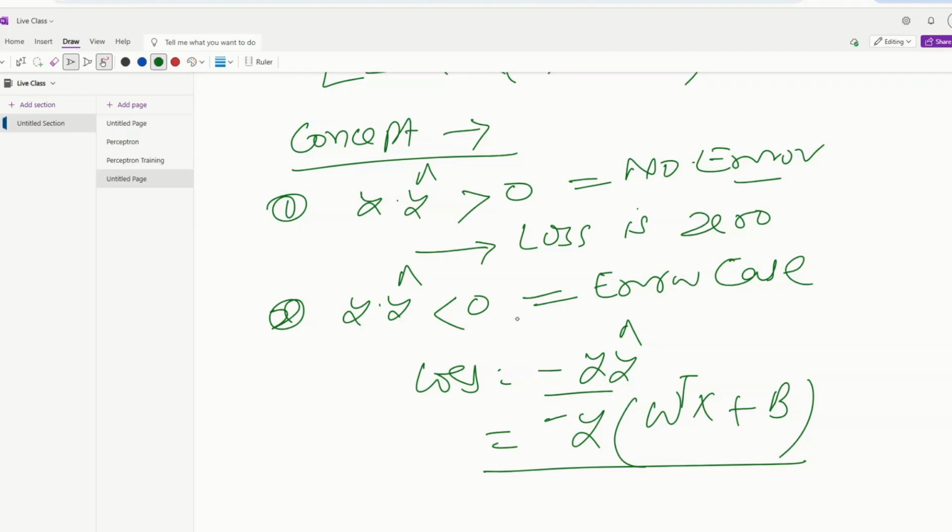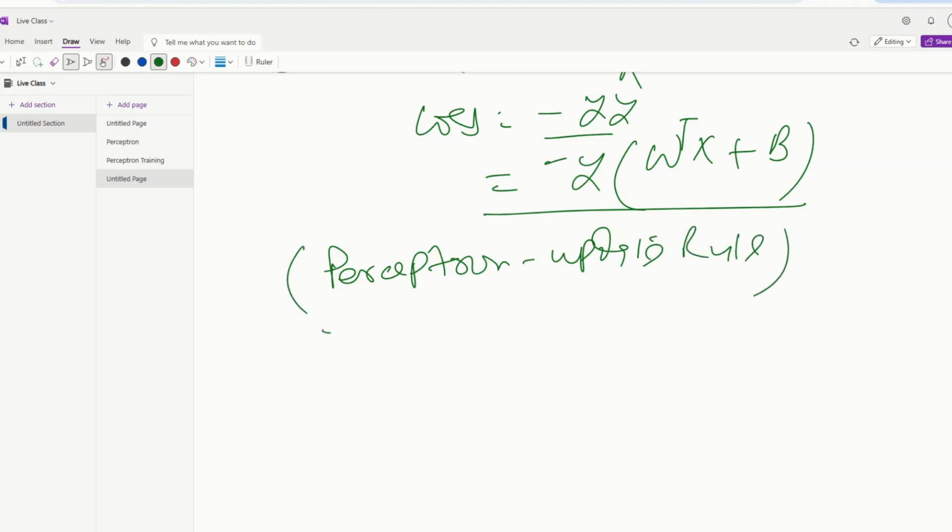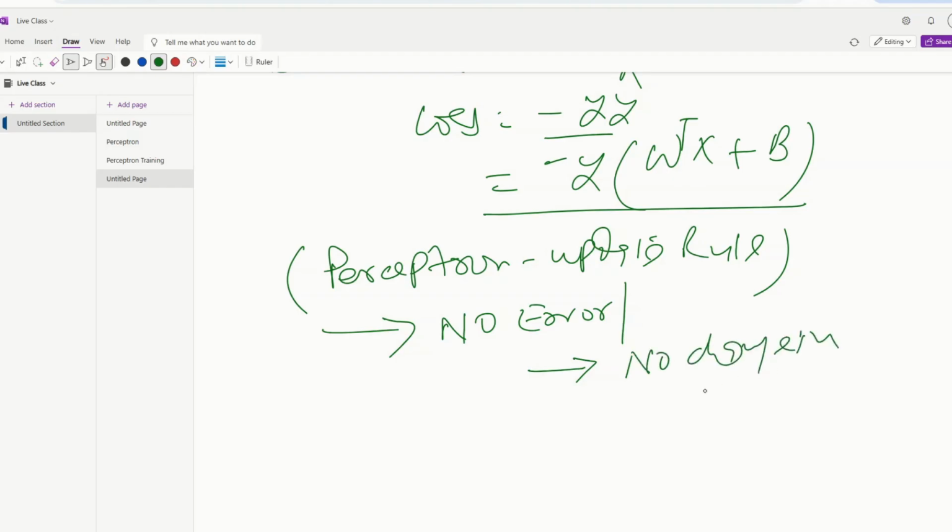If you're able to remember the update rule, in my previous lecture I had covered the perceptron update rule. In that case also we discussed that if there is no error, or the point is not misclassified, there is no change in weight and bias.